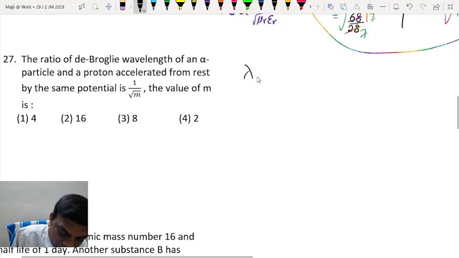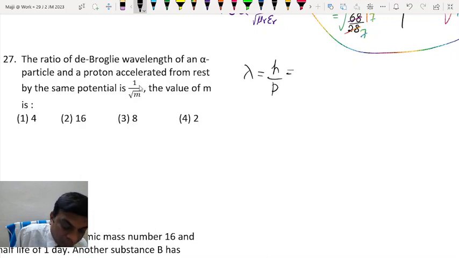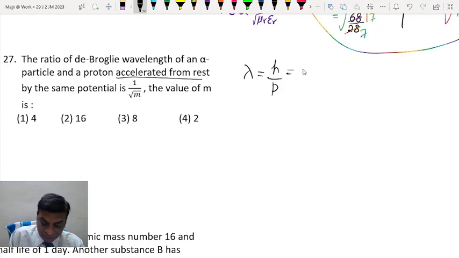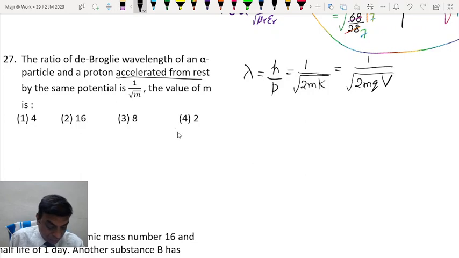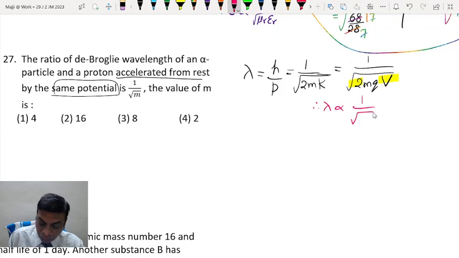Now we know de Broglie wavelength is given by h by p, and since the particles have been accelerated from rest, momentum can be written as under root 2mk, where k is the kinetic energy, and the kinetic energy acquired when a charged particle is accelerated from rest is q into v. Since they are accelerated through the same potential, v is constant and 2 is constant, so we can write lambda varies inversely as root mq.